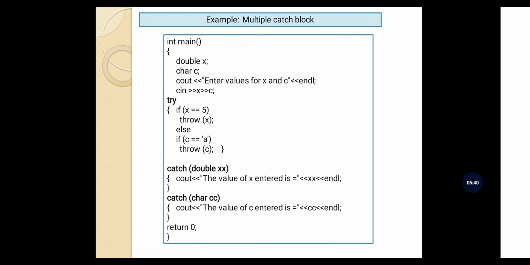Now sometimes it becomes too difficult to manage all the different catch blocks, and we actually don't need to handle them specifically. So for example, if I just want to print, for any kind of exception, this exception or this exception, a common message, for example, the value entered is incorrect, right?